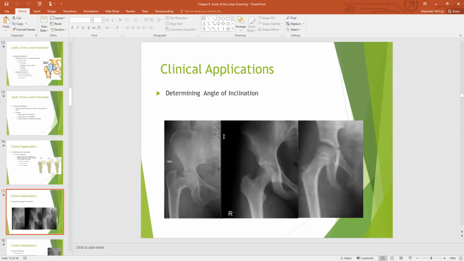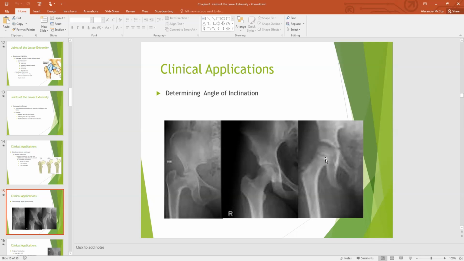Determining this angle, we need an x-ray because none of us have x-ray vision. We've got to look at this guy. Now you'll notice that this is like a 90-degree angle, you guys. Here's our pretty 125, and then here's more of a 145, something like that. The different stressors from here to here are going to be different.